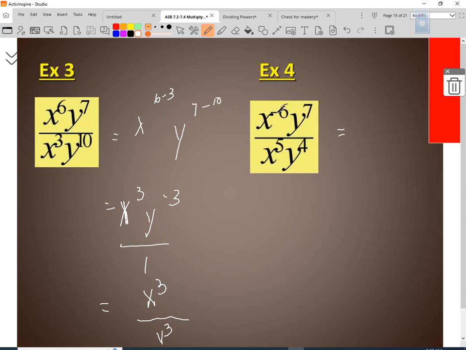So that's a negative 6. Did you guys get this to start with? X to the negative 11th power times y to the third power? Okay, so what's the final answer going to be?